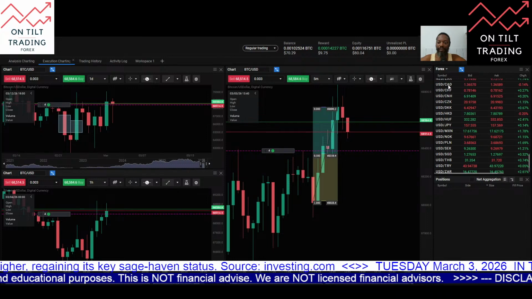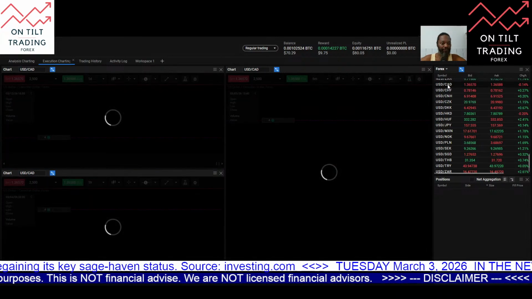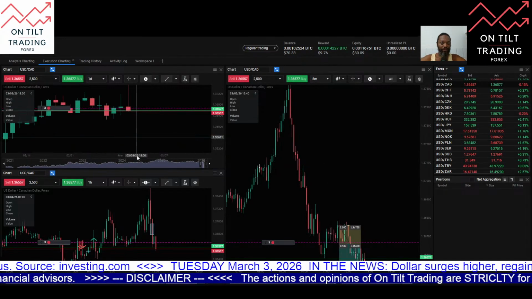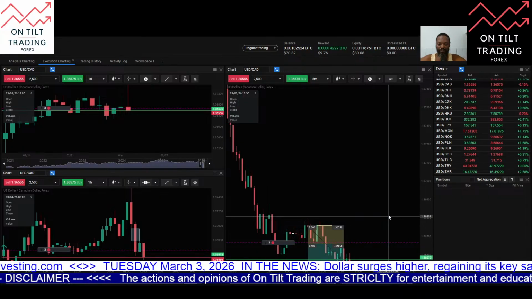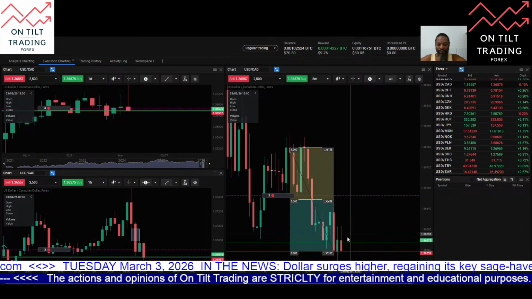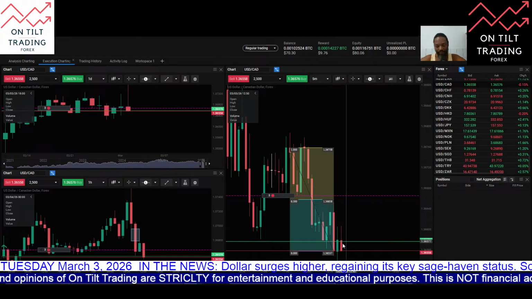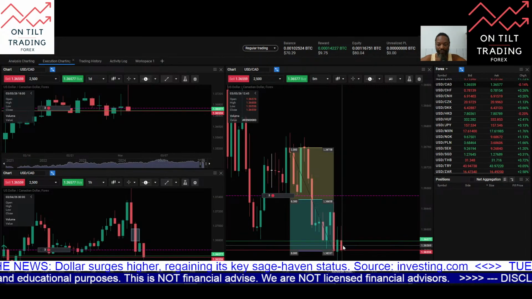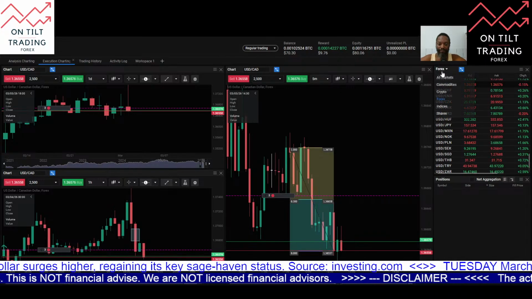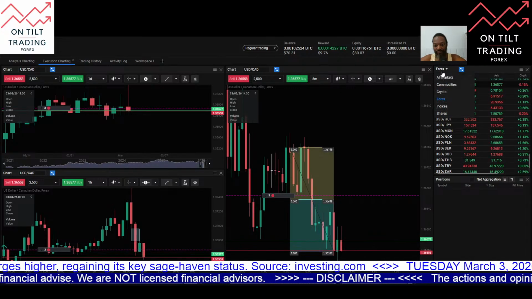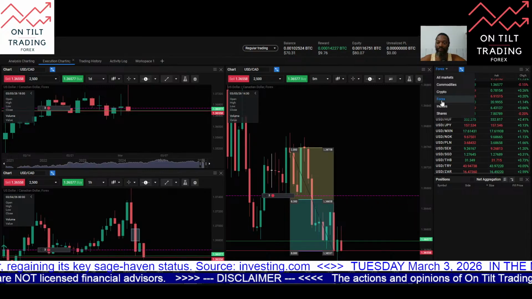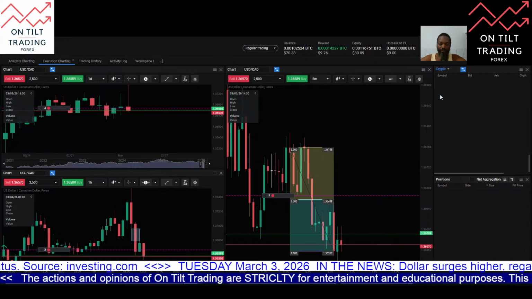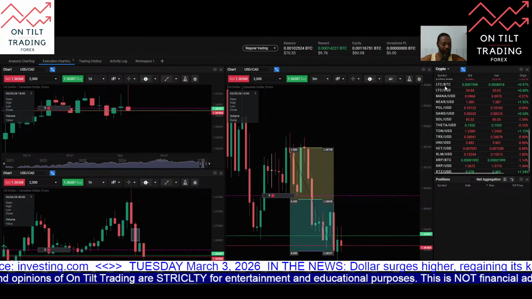Head over to dollar CAD. Dollar CAD has pulled back some, but not much. Setting up some equal highs back here. So not pulling back yet, but also not reaching my main target.